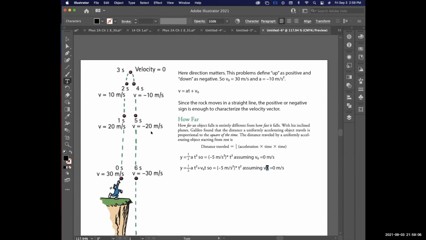So in this case in particular, it's going to be copy, paste, and this is going to be 30 meters per second. And we're going to go ahead and get rid of all this. Come on.